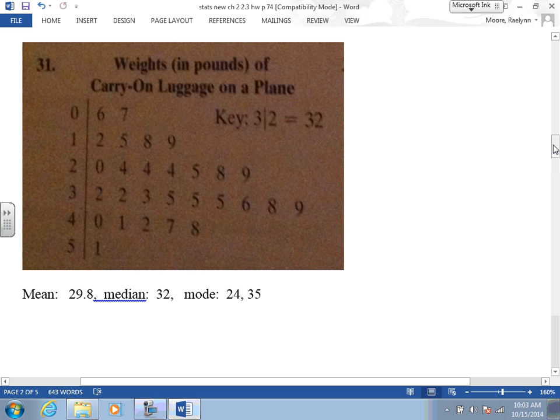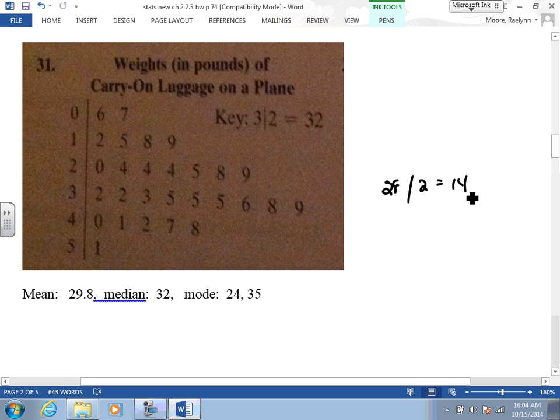You could also find your median by counting how many entries you had. You have, let's count your leaves. 1, 2, 3, 4, 5, 6, 7, 8, 9, 10, 11, 12, 28. You had 28. Half of this is 14. Count where your 14th entry is.